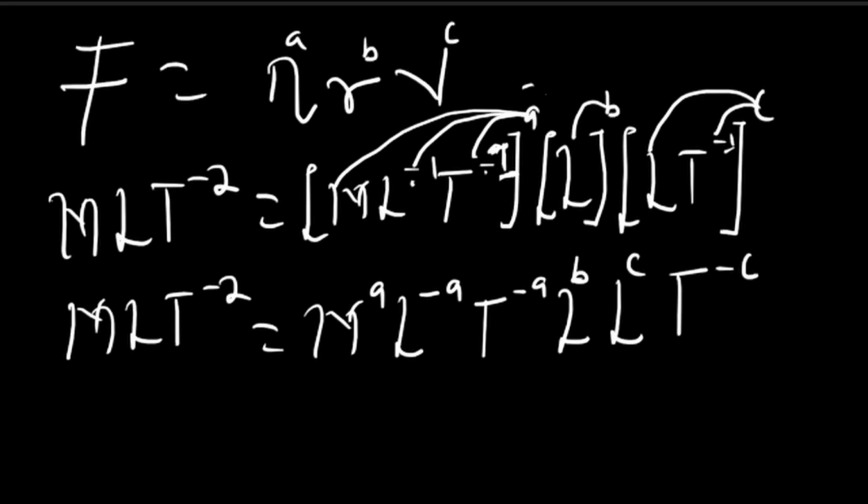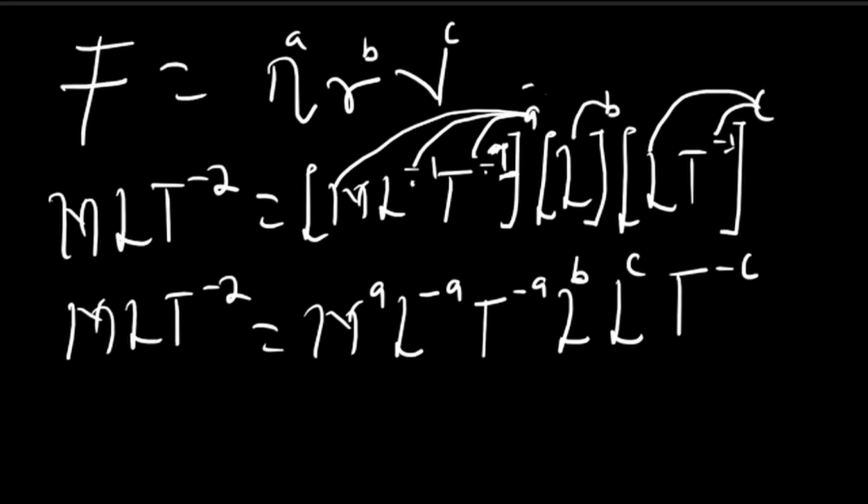All right. So having done this, what's the next thing that we are going to do? The next thing to do right here is that we are now going to rearrange them. So we pick the M's first, then we pick the L, and then we can pick the T. That's how to do it.